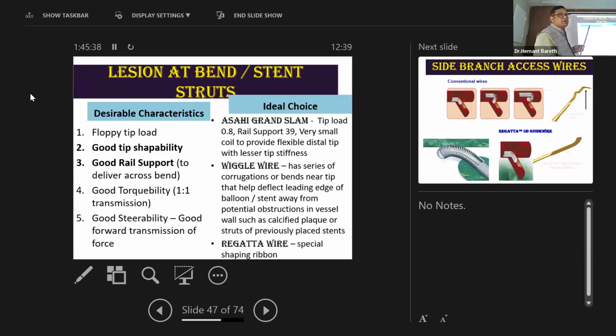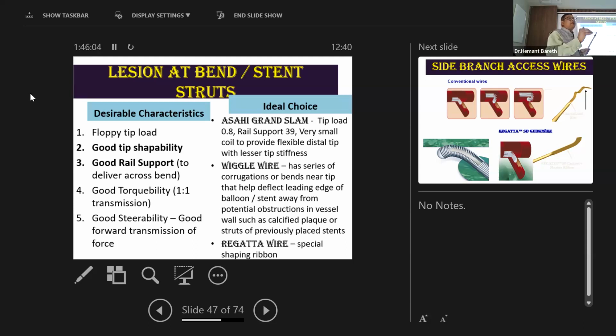Now, another special situation, not tortuous, but a lesion at a bend or a lesion beyond the stent struts. So that is a special situation. What you require in this case, again, is that you need the tip to negotiate this particular bend and cross over that stent strut, and therefore you cannot have a higher tip load wire.